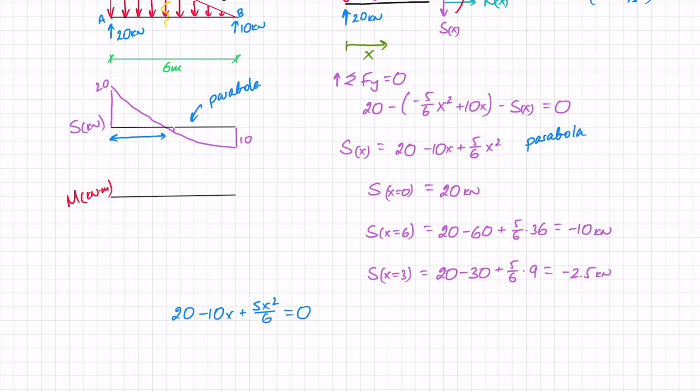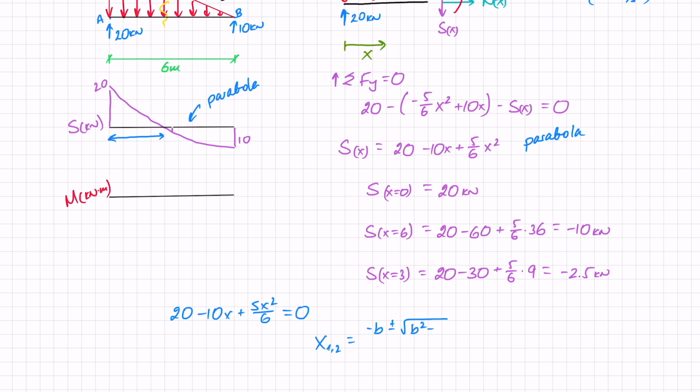We can solve this using the equation that you probably remember from before, where we've got minus b plus or minus the square root of b squared minus 4ac, over 2a. In our case, a, b, c.